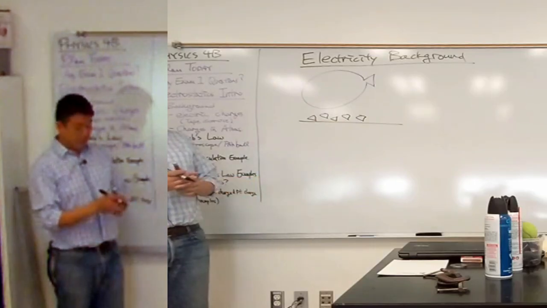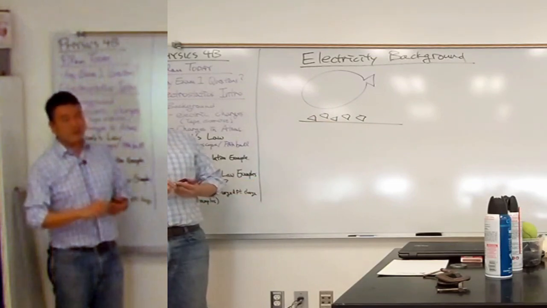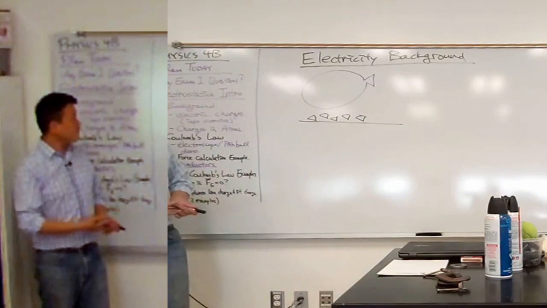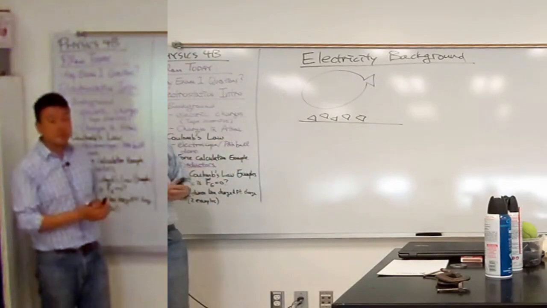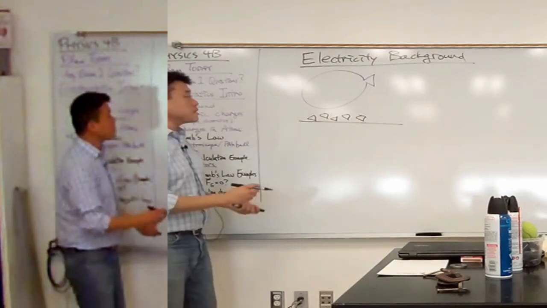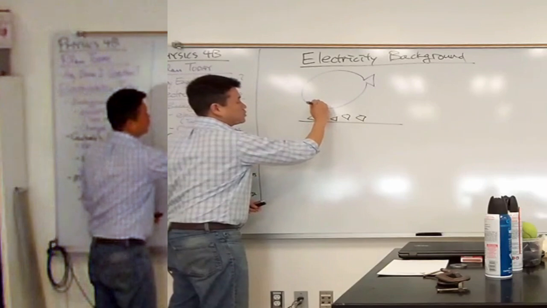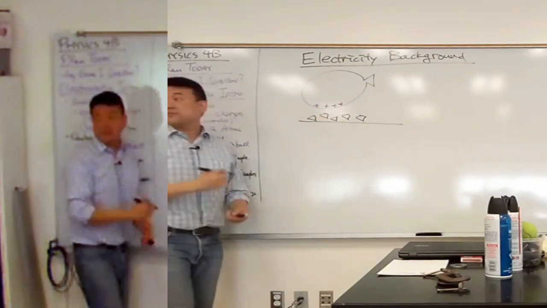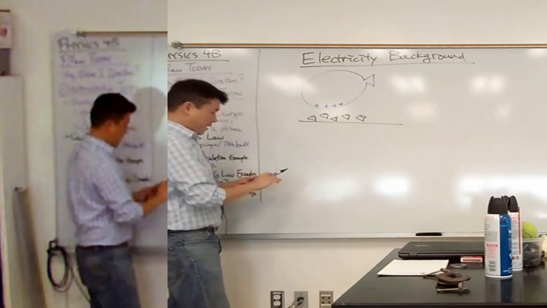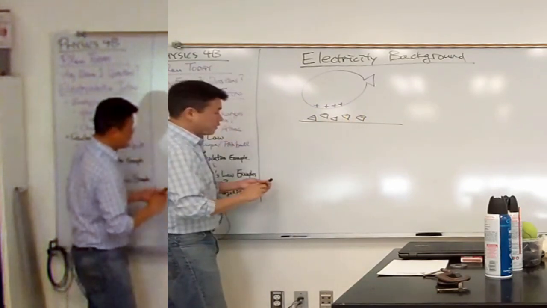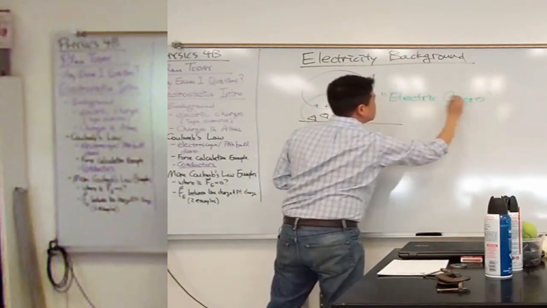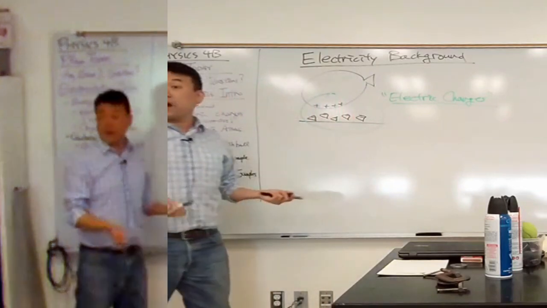And so Benjamin Franklin in the 18th century discovered that the way this interaction happens is through what we now call electric charge. When you look at these interactions, the way we describe them is with the electric charges. Say that the balloon has positive charge, and this paper has somehow negative charge, and it's the interaction between these electric charges that's responsible for all the electrical phenomena that you see.